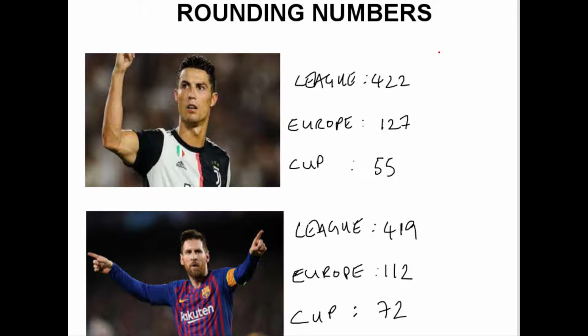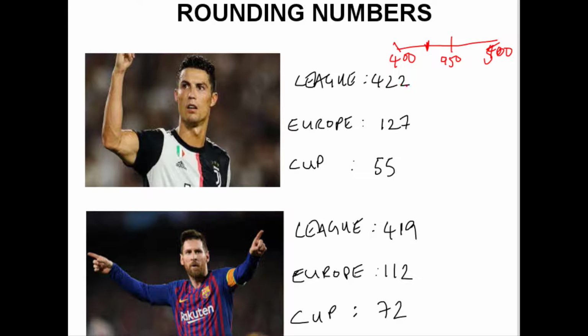Anyway, here's 422. How do you round that up to the nearest 100? So what we do is let's draw a line here. There's 400 on this side, and there's 500. And in the middle is, say, 450. So 422 is between 400 and 450, right here somewhere. So therefore, 422 is closer to 400 than to 500.